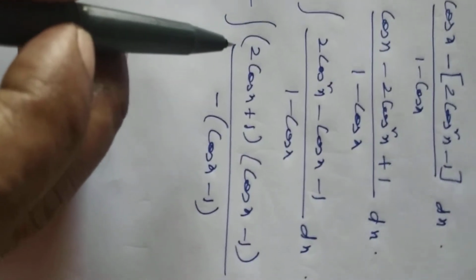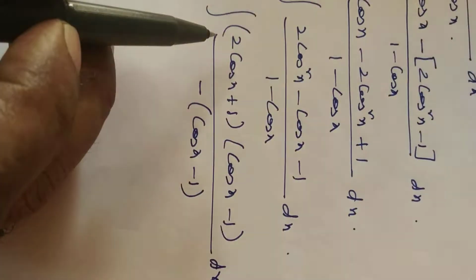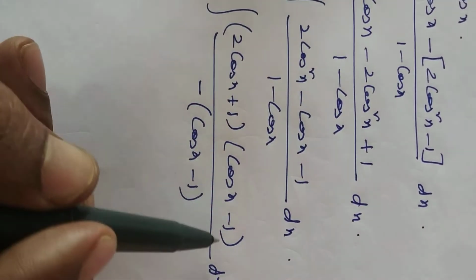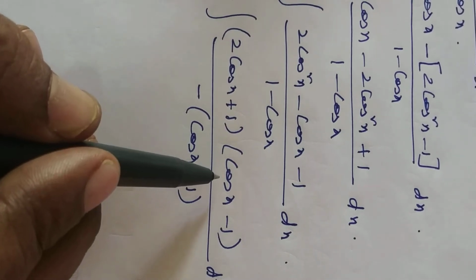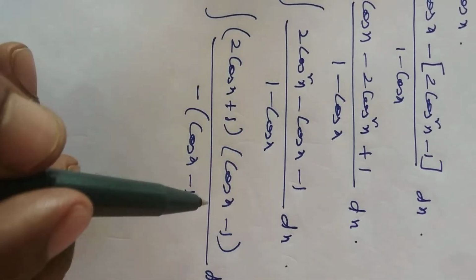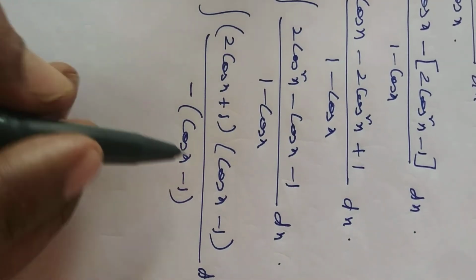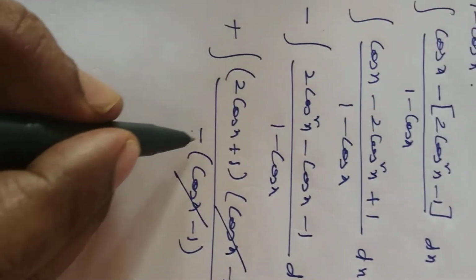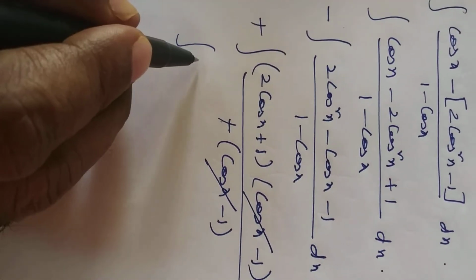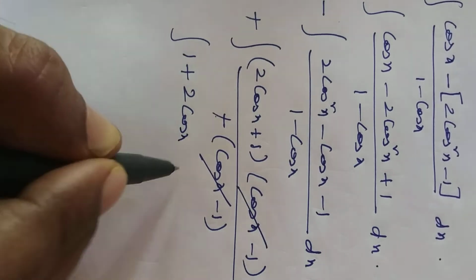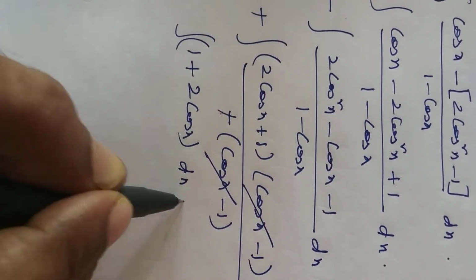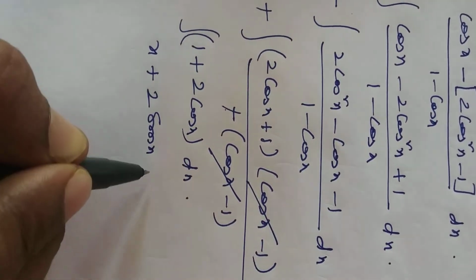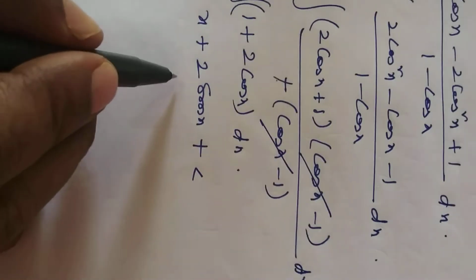So 2 cos x into cos x is 2 cos square x, 2 cos x minus cos x we have, minus 2 cos x plus cos x is minus cos x, so these factors are not a problem. So these two get cancelled, now minus of minus becomes plus. So we are left with the integration of 1 plus 2 cos x dx. So the integration of 1 is x, plus 2 is a constant, the integration of cos x is sin x, plus c. This is the final answer.